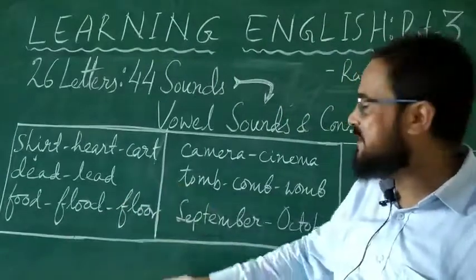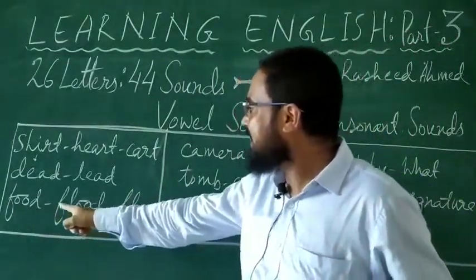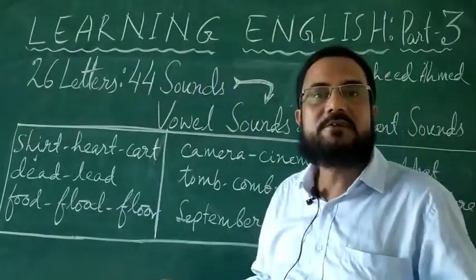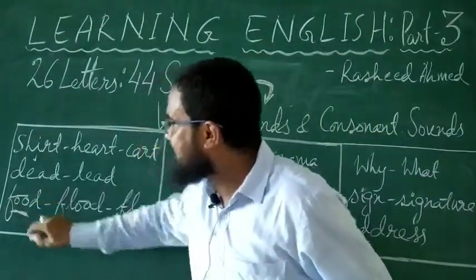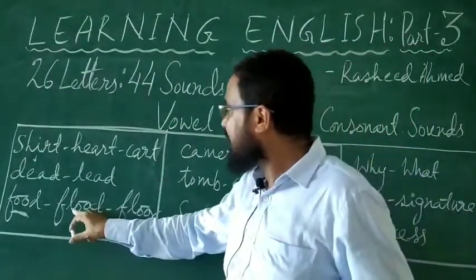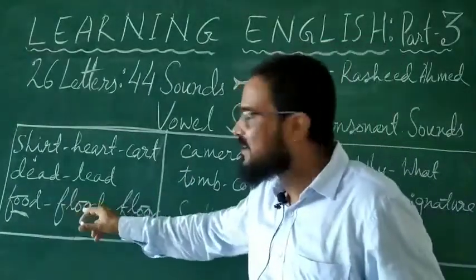More interesting thing you see: food. F-O-O-D, food. And the moment after F comes L, it is not food, it's flood. How you see? Here there are 2 vowels and there is a long vowel sound, food. But here, when L comes, the sound of O changes. With the coming of a consonant, the sound of the vowel changes.